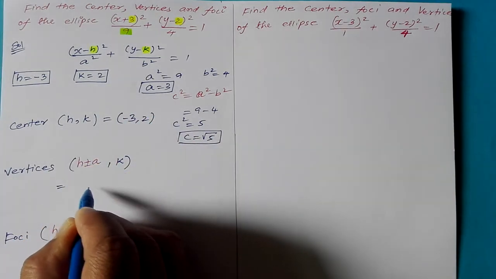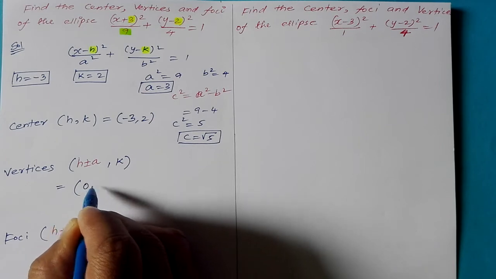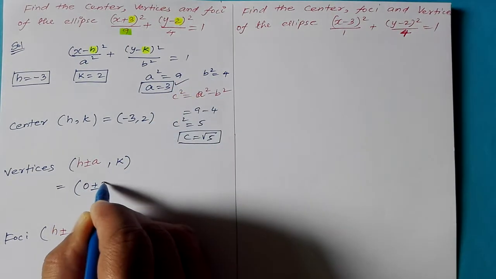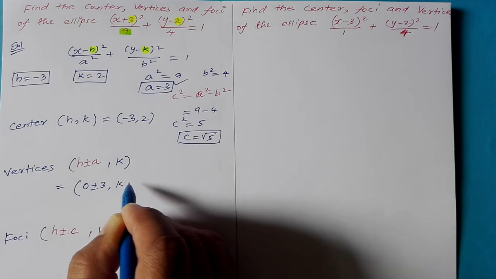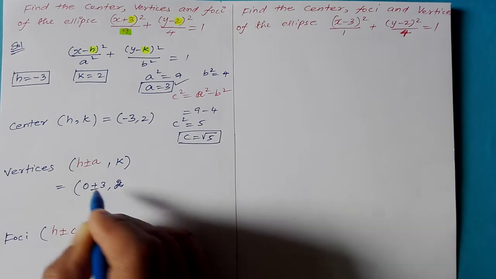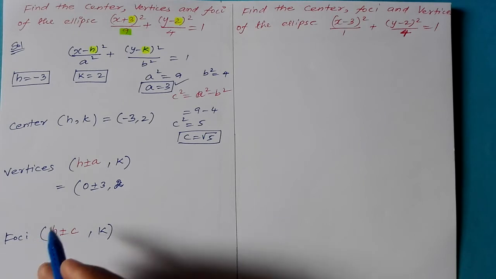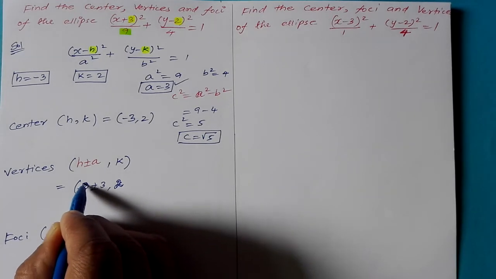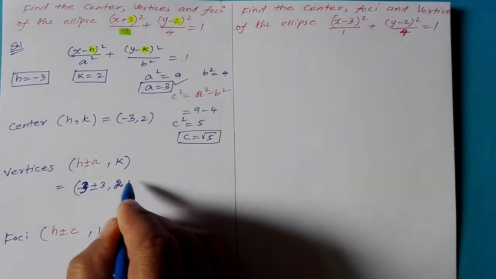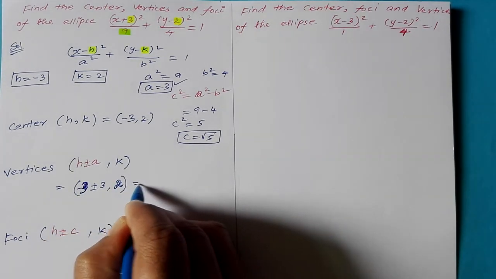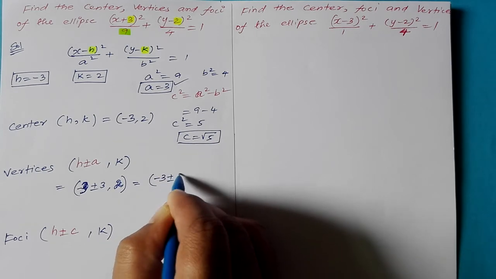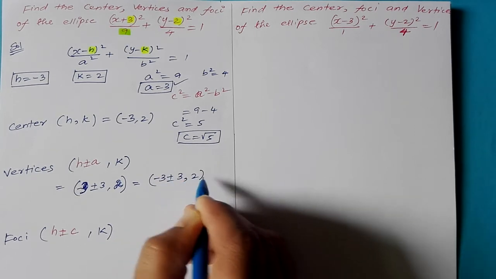Here what is the h? 0 plus or minus a. What is a? It is 3 comma 2. This h is 0? H is not 0. H is minus 3, right? H is minus 3. So I write here the value is minus 3 plus or minus 3 comma 2. Why?